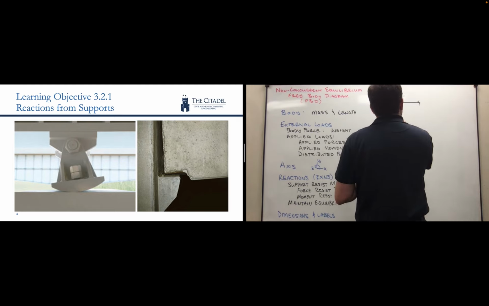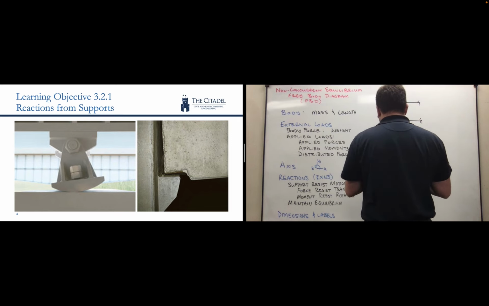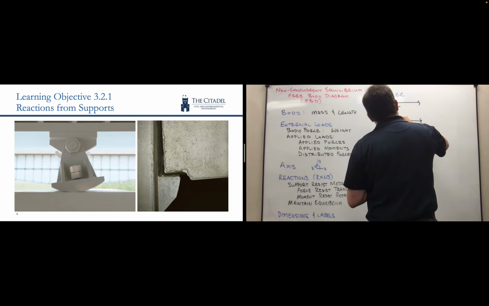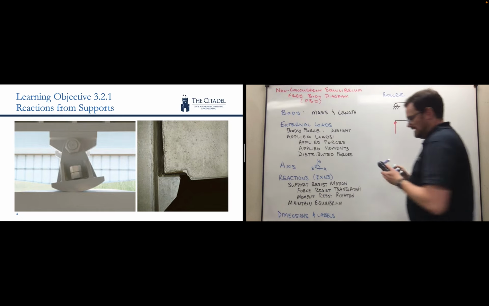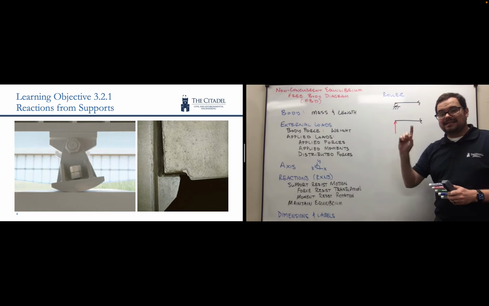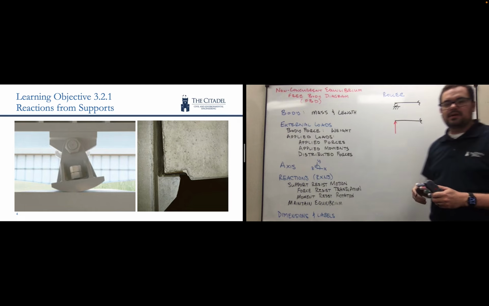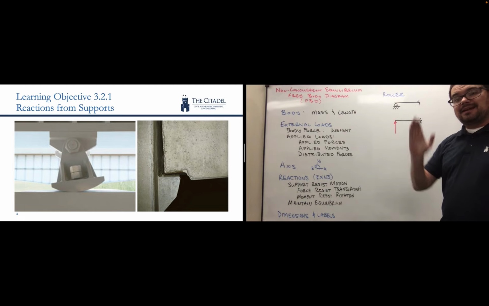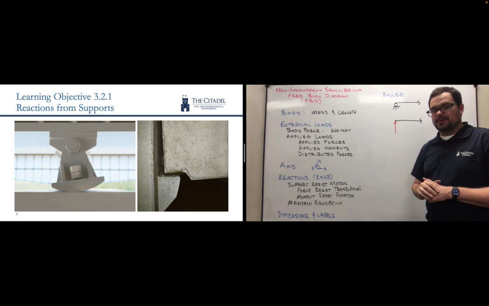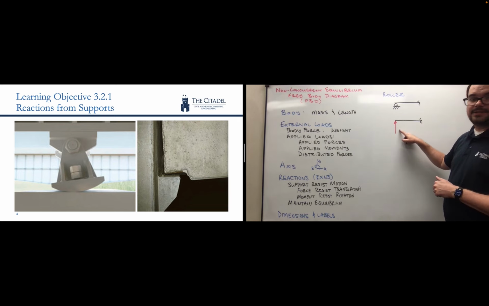If I were drawing a free body diagram of this roller, I would note that I need an upward force like this. The key is that this force is always perpendicular to the supporting slope. So I get a reaction force upward, like so.